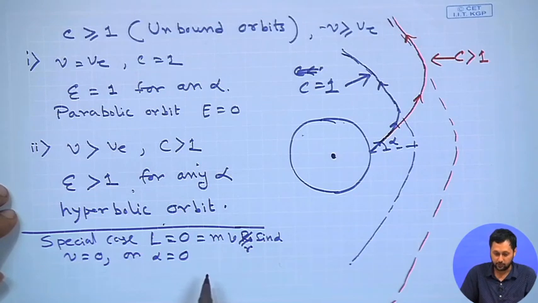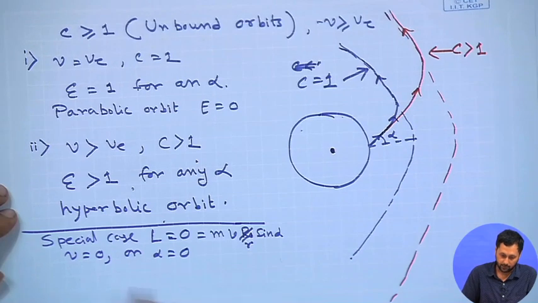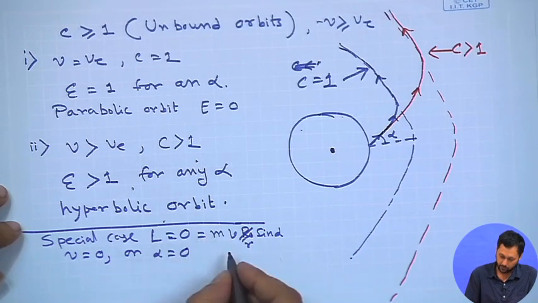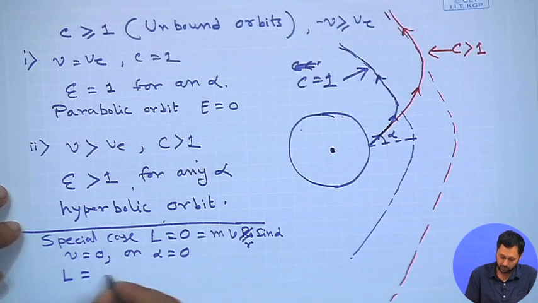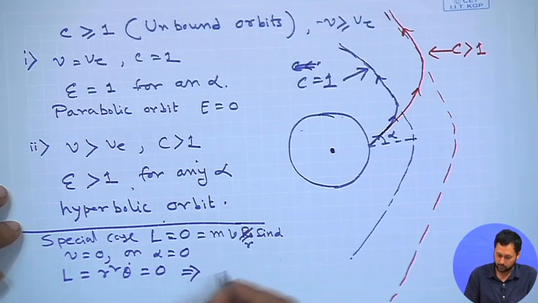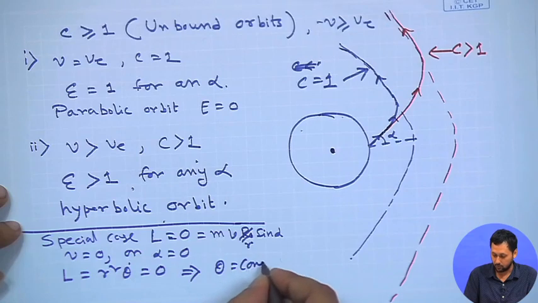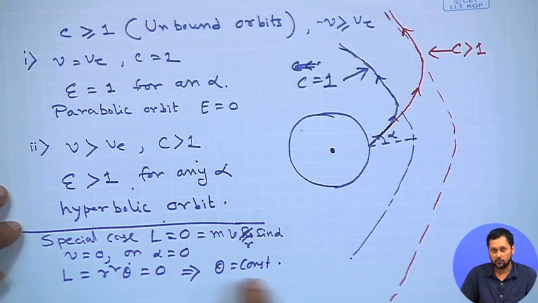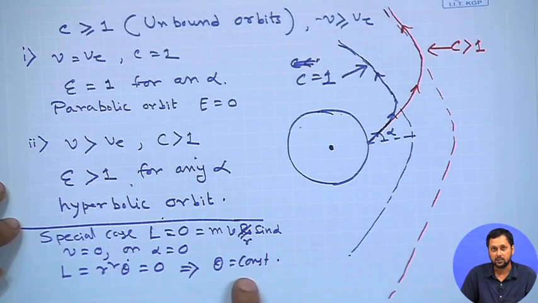Now, if you recall, L is equal to r square theta dot, which will be equal to 0, which will give you theta equal to constant. So, this will give you an orbit on which theta does not change.